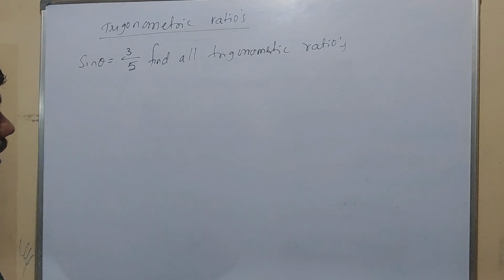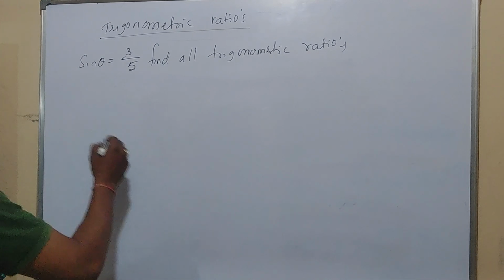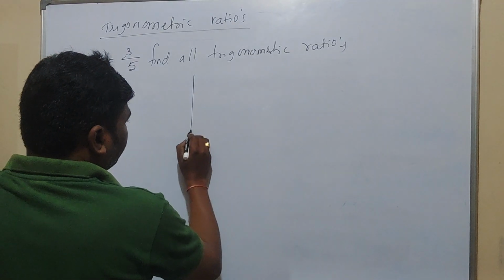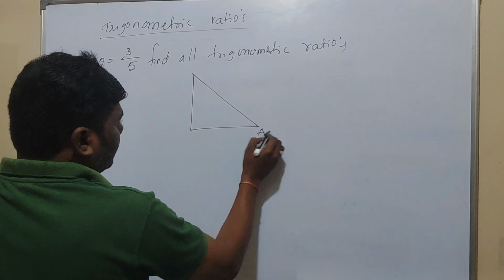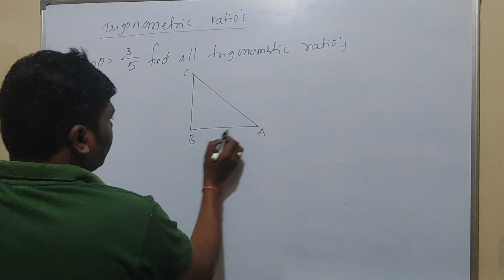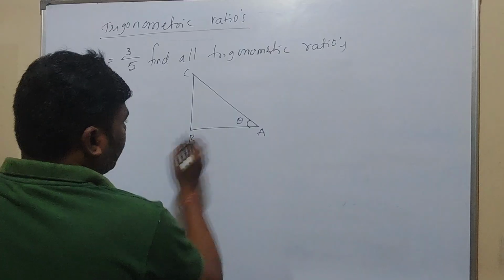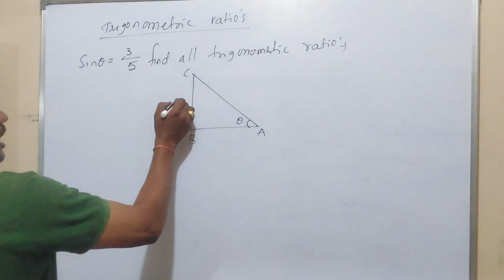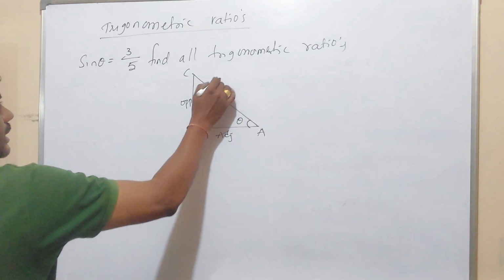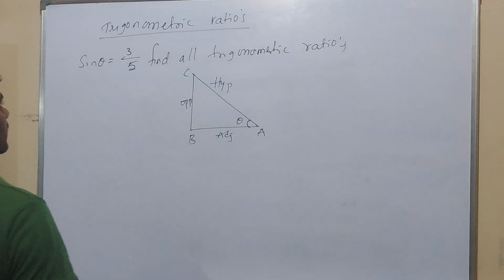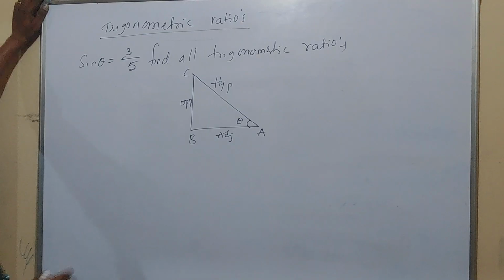Find all trigonometric ratios. First draw the diagram: right angle triangle ABC, with angle theta here. This is opposite, this is adjacent, and this side is the hypotenuse. So sin theta equals 3 by 5.